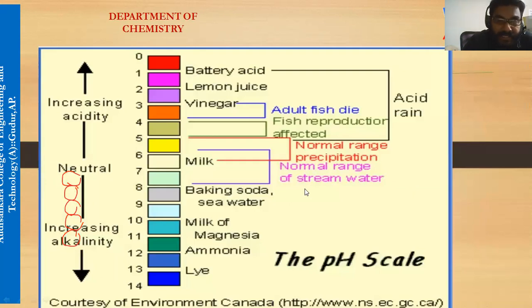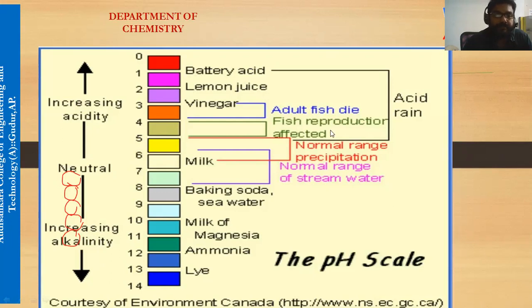Another important thing is the pH scale. What is the pH meter? What is the pH scale? Do you know the pH scale? It is the negative logarithm of H plus ion concentration, or the negative logarithm of OH minus ion concentration, right? Here acidic nature increases, and here basic nature increases, and base means alkaline.